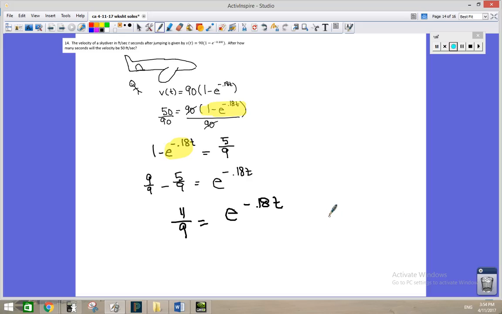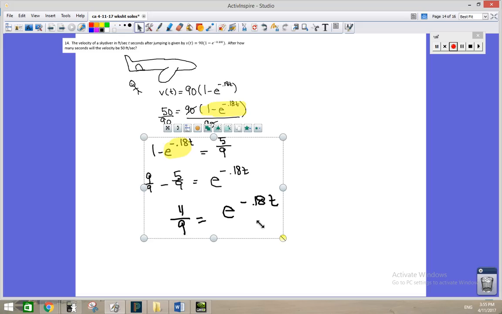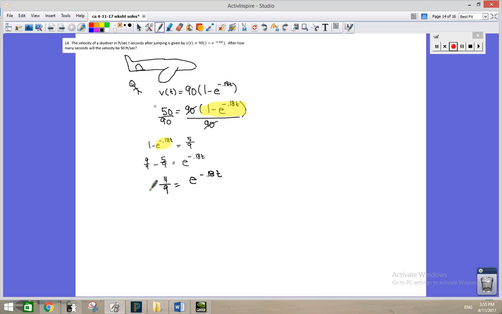So I've taken that as far as I can go. This is an exponential form. I need to get this variable down as a multiplier so that I can get it by itself. I need to take the natural log of each side. And we've seen that in the previous equations in these problems. So on the left-hand side, I've got the natural log of 4/9.